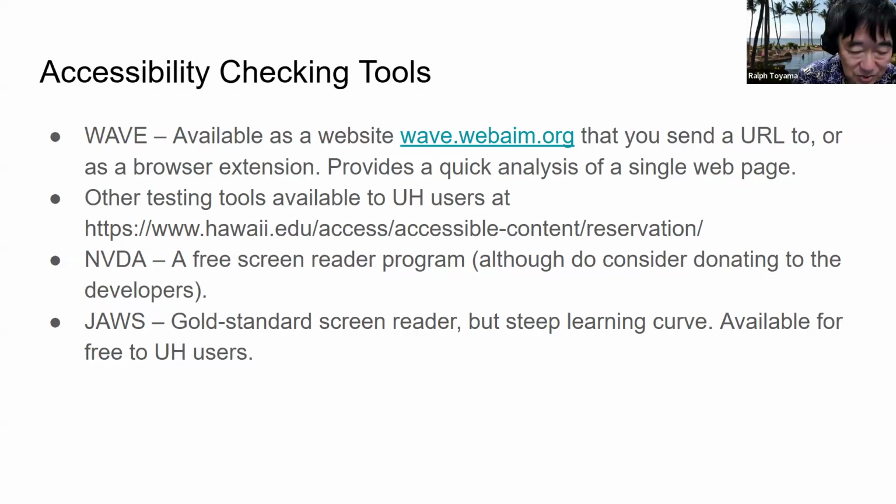The browser extension is really helpful because if I'm composing a page offline, it doesn't have to be uploaded to a web server for it to check it. I can actually check it locally and make on-the-spot changes there.